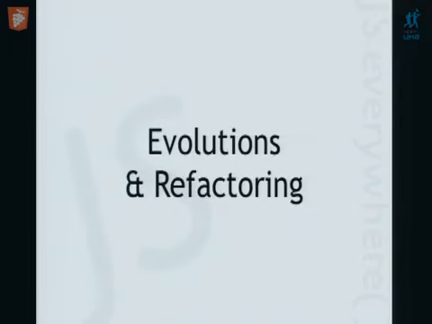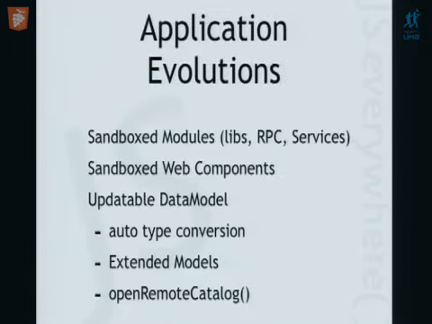Okay, let's talk about the life of the application. We have seen that you have sandbox modules, which is important. It means that if you need to do some refactoring, you don't have to break your API.